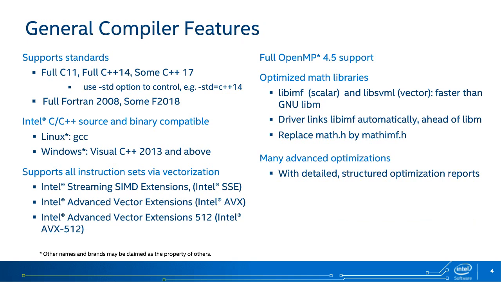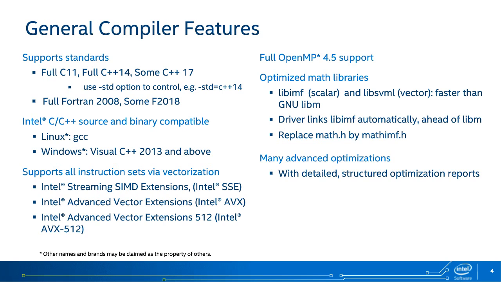Here you can find some general compiler features highlighted. We add support for the latest standards incrementally in successive compiler versions. Let's say in the 18.0 compiler we supported C11, C++14, and also have the full OpenMP 4.0 standard and almost all features from the 4.5 standard.